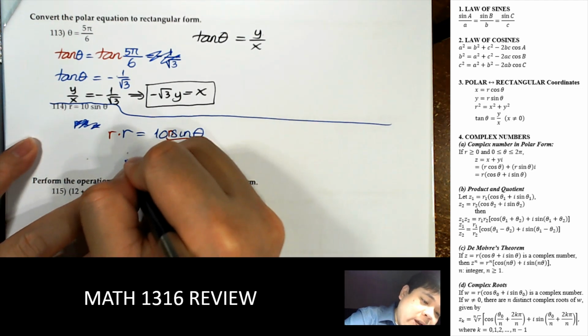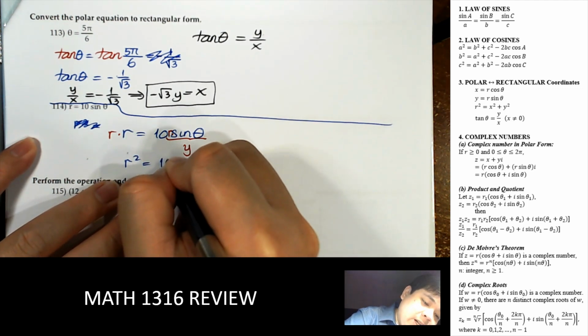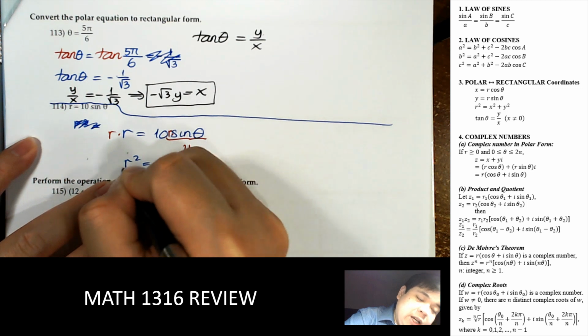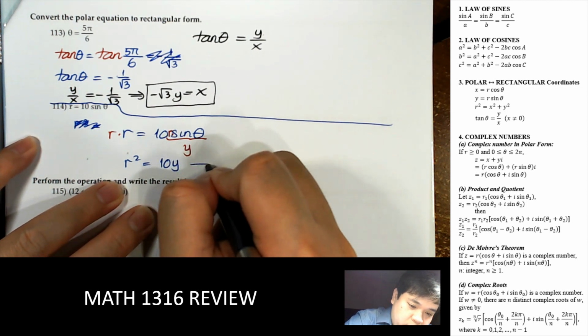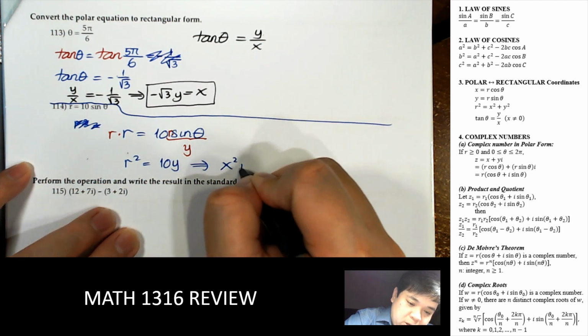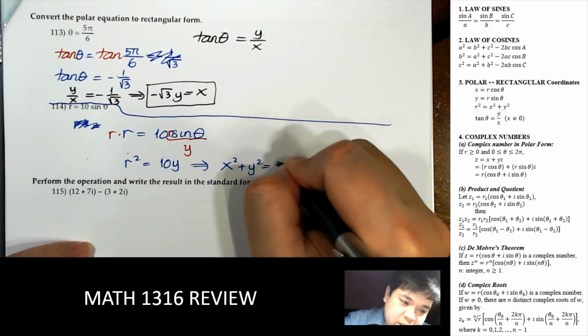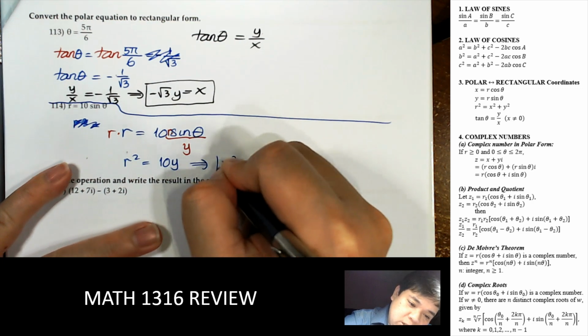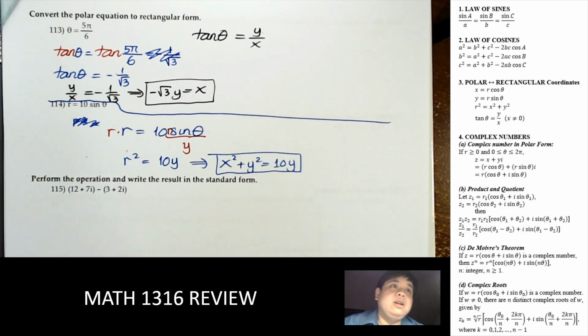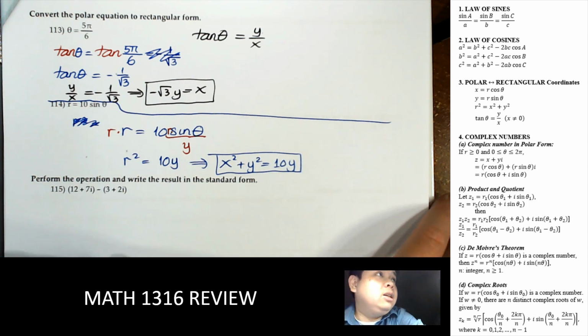So we have r squared equal to 10y, and r squared is x squared plus y squared. So we have x squared plus y squared equal to 10y. So this is the equation in rectangular coordinates in x and y.